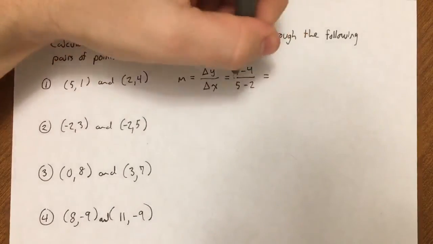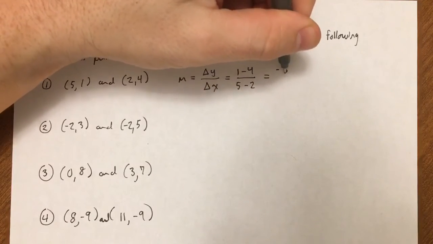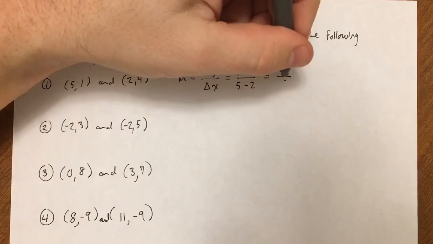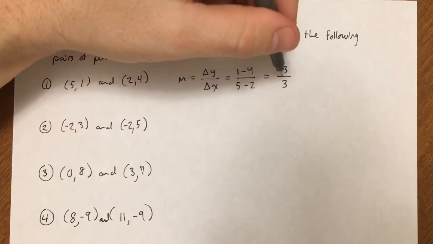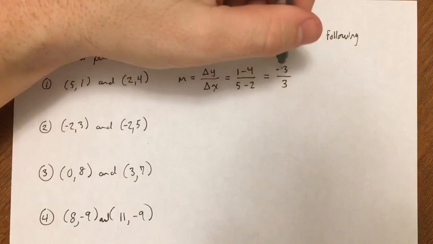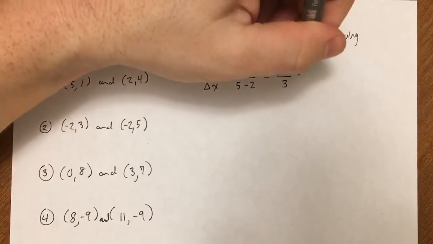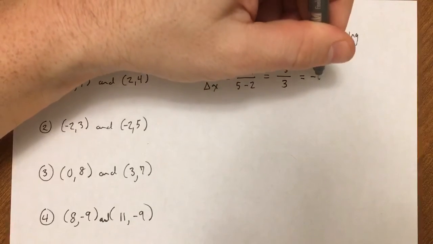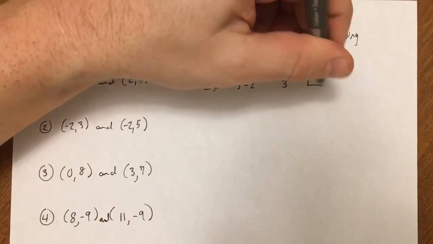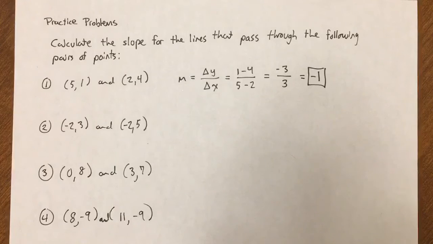Now 1 minus 4 is just negative 3, and 5 minus 2 is 3. So we can simplify this down. Negative 3 divided by 3 would give us a slope of negative 1. That would be our slope for problem 1.